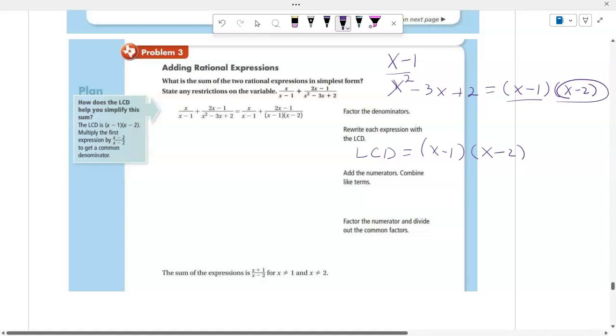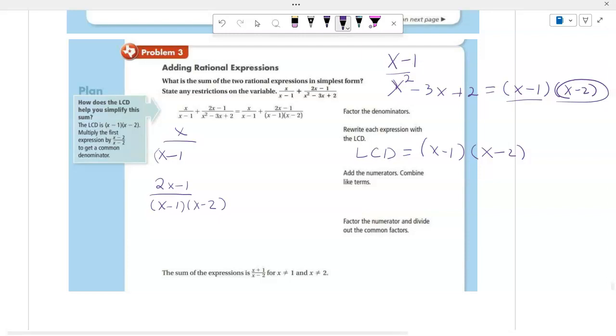That's the LCD. So we have x over x minus 1, and then we have 2x minus 1 divided by x minus 1 times x minus 2, which is the LCD that we want. So we have to change the first fraction, and you notice that it already has an x minus 1.